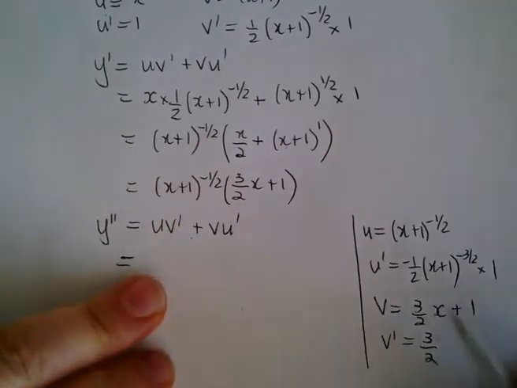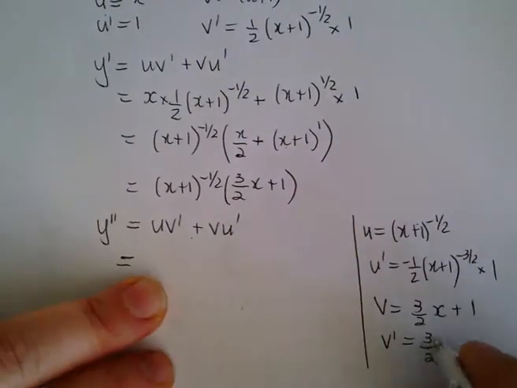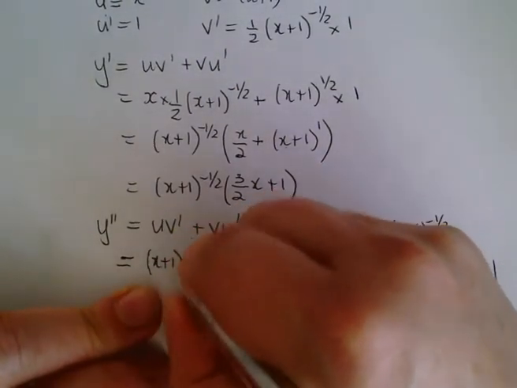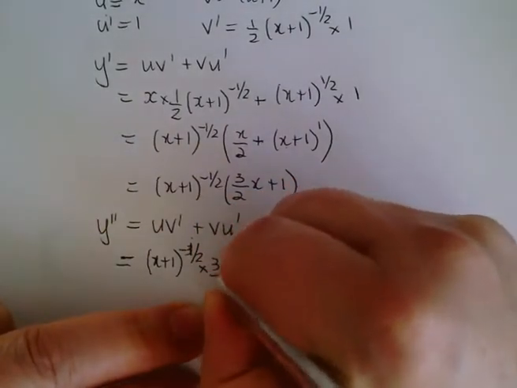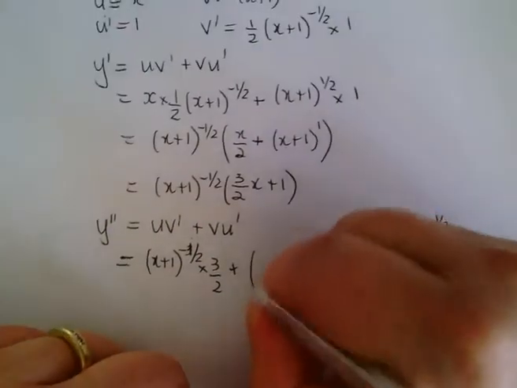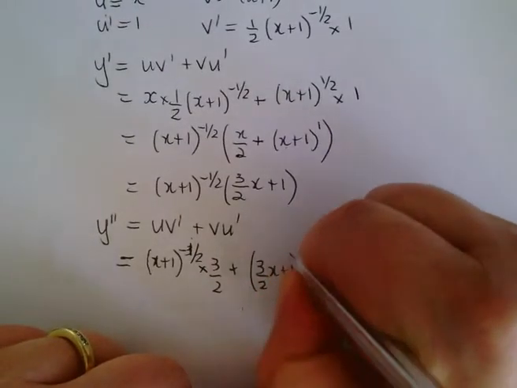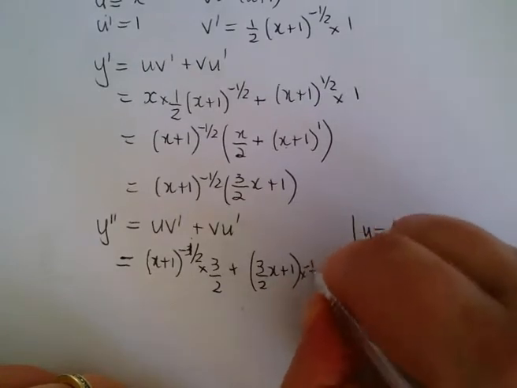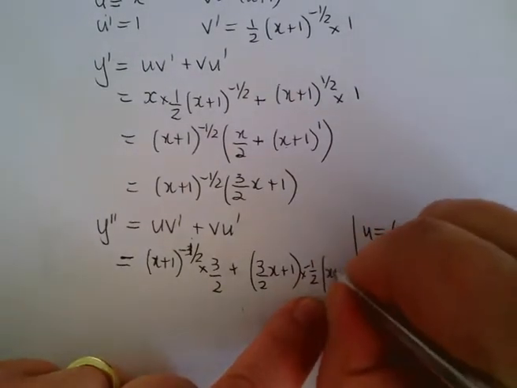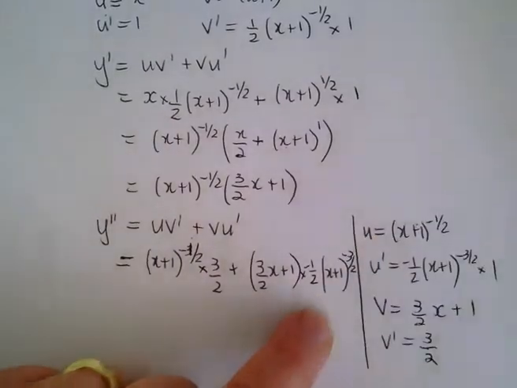Second derivative, uv dash plus vu dash. So what that would be, (x plus 1) to the negative half times 3 on 2, plus v is 3 on 2x plus 1 times u dash, it's times negative a half (x plus 1) to the negative 3 on 2.